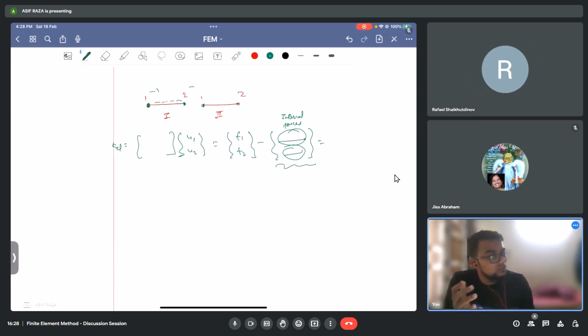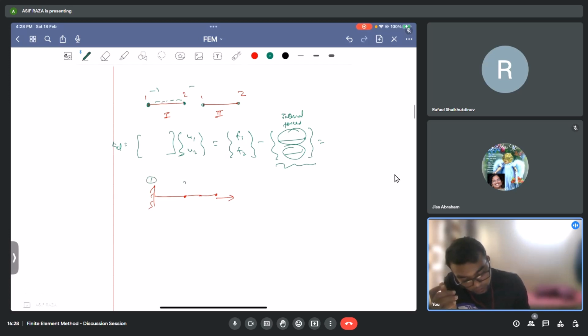So this thing comes due to internal force. As there was a question earlier, this was our problem, right? I took nodes 1, 2, 3. I wrote Kg times u equal to f.